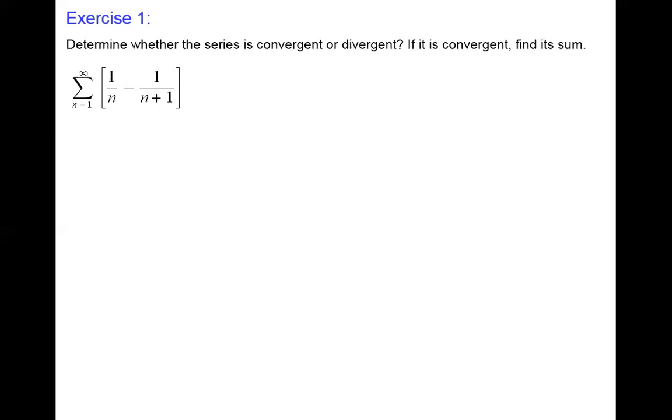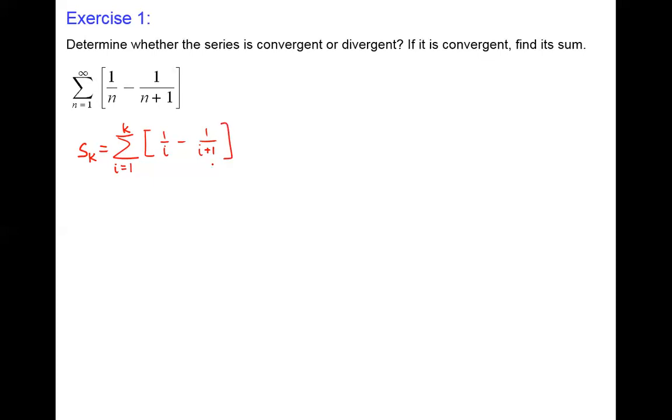Let's try to do it. I will name the partial sum S sub k. Okay? And this will be defined as a summation starting from i equals 1, ending with k, of 1 over i minus 1 over i plus 1.